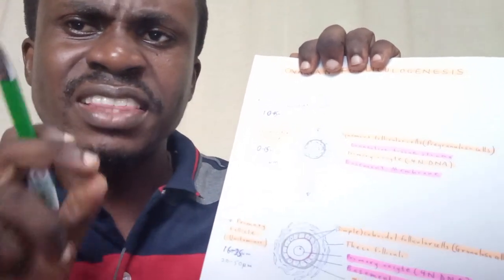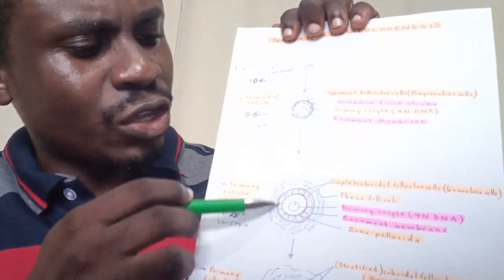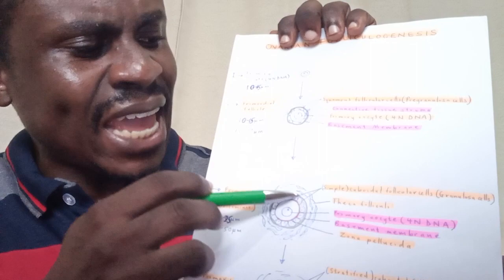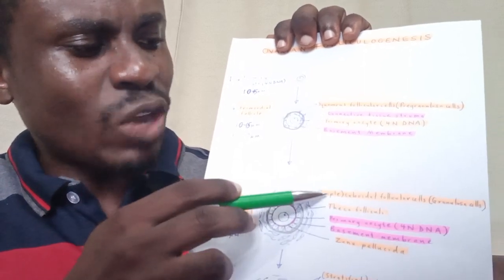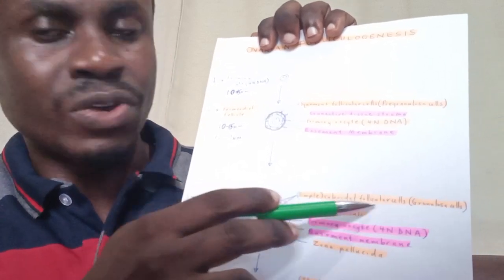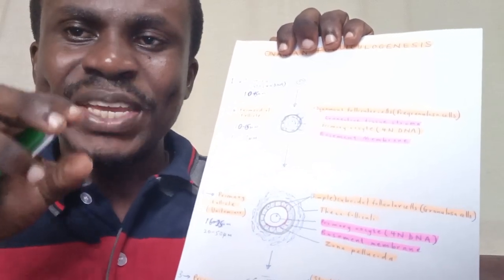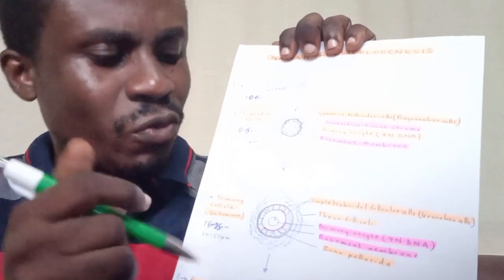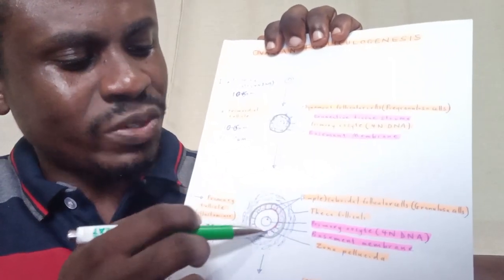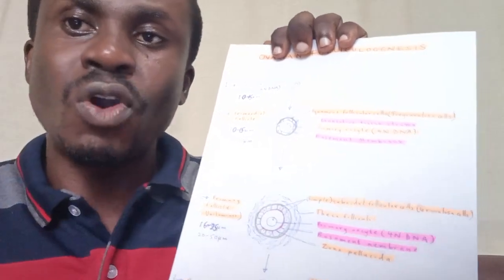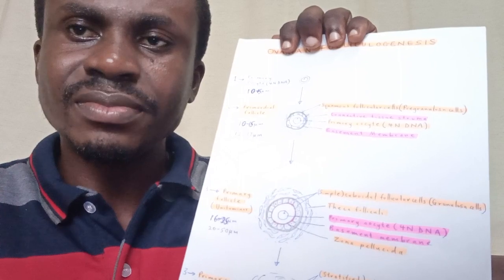But my friends, there's a thin line that I want you to be aware of. These cuboidal cells form a single layer, and that's why I've written simple cuboidal follicular cells. Now, at this point in time, granules begin to fill the cytoplasm of these cells. So I've shown some granules in the cytoplasm of these follicular cells.